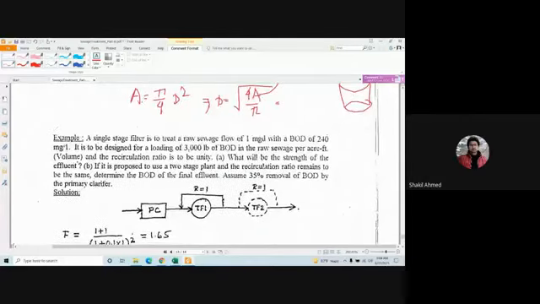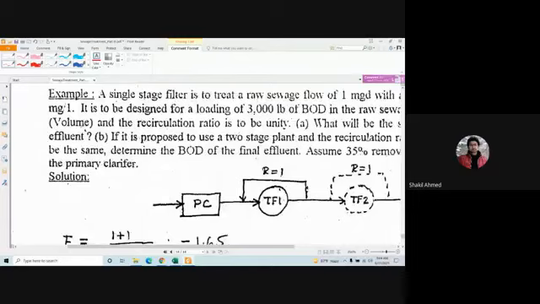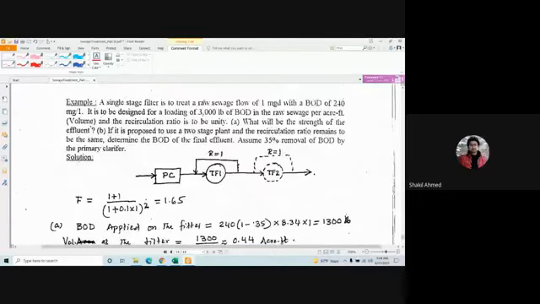And the next problem: a single stage filter is to treat a raw sewage flow of 1 million gallon per day with a BOD of 240 milligram per liter. It is to be designed for a loading of 3,000 pound of BOD in the raw sewage per acre feet. And the recirculation ratio has to be unity. That means R has to be 1.